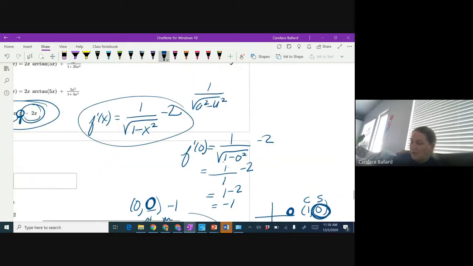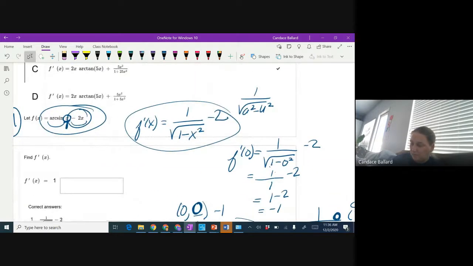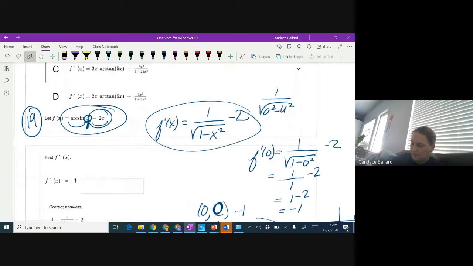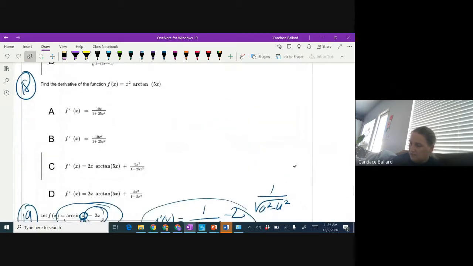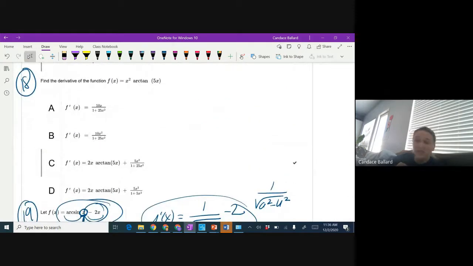All right, let's pop up to 18, ladies, okay? All right, so here's 18. It looks like this one's a little bit crazier than the last one. So I'm seeing a product rule, but this product rule also has a chain inside of it. So I'm going to follow my rules.